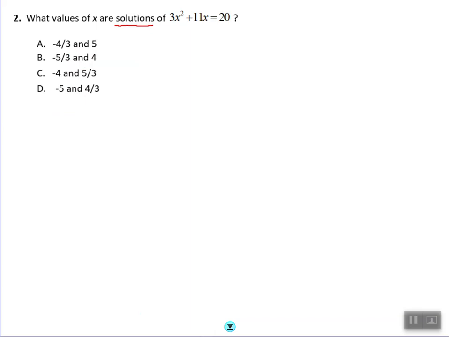So, the easiest way to do this is to type y equals 3x squared plus 11x as our first equation, and y equals 20 as our second equation. And we are going to look and see where they intersect.